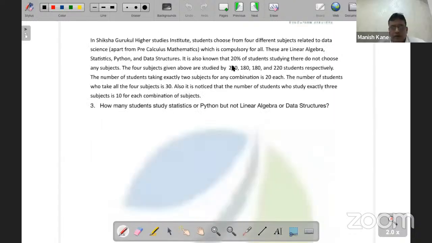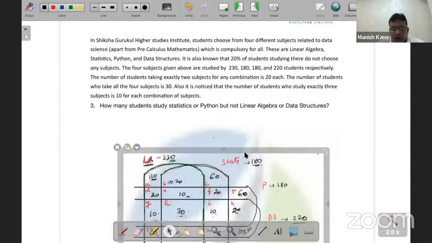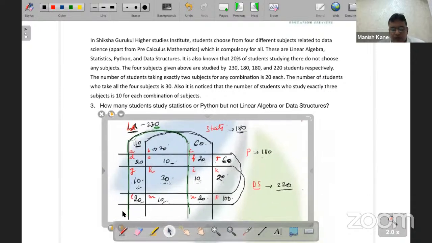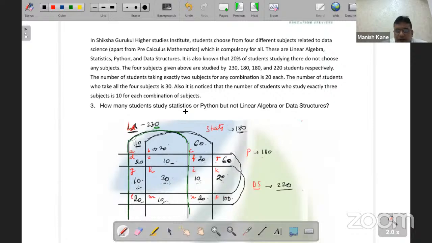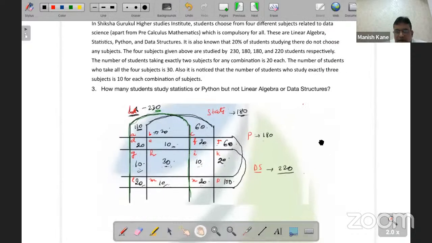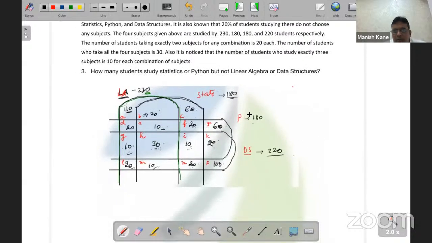Next question. How many students study statistics or Python but not linear algebra or data structure? So you have to look at numbers that are lying in either statistics or Python, but not any other.